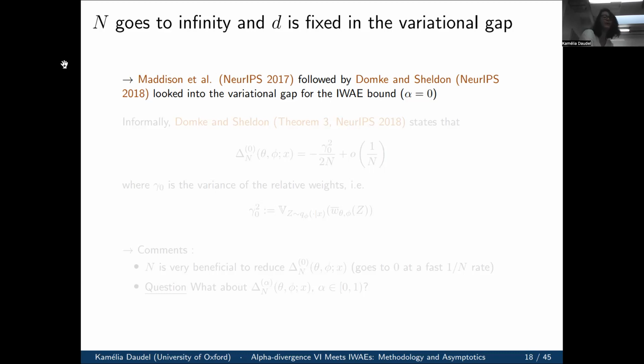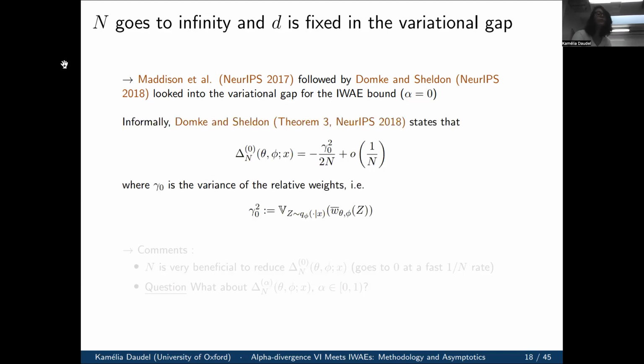No? Okay. Informally, what they prove in the second paper, which is a refinement of the first one, is that the variational gap, when alpha equals 0, so when looking at the IWAE bound, can be written as minus a certain gamma 0 squared divided by 2n, plus a term that is negligible in front of 1/n.